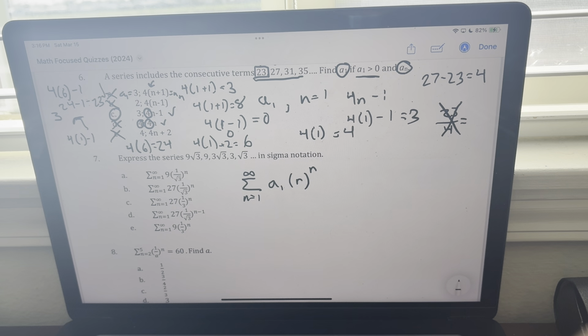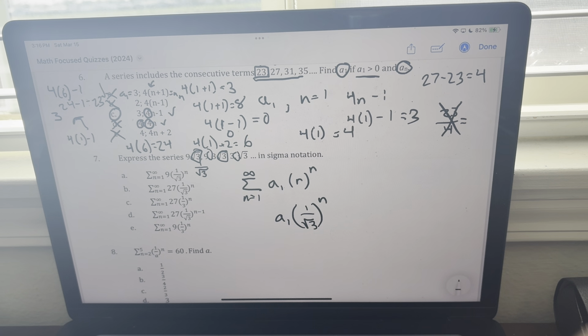So what's the common ratio between each of these numbers? Well, we know the common ratio is 1 over square root 3 because it's dividing by square root 3 each time you see here. So we know that r equals 1 over square root of 3 to the power of n. Now we just need to find a1.